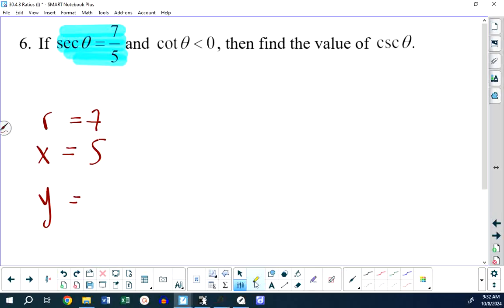I would hope that you can find y without writing anything down, but 7 squared equals 5 squared plus y squared. Help me out here. Is y squared 24? 7 squared minus 5 squared.